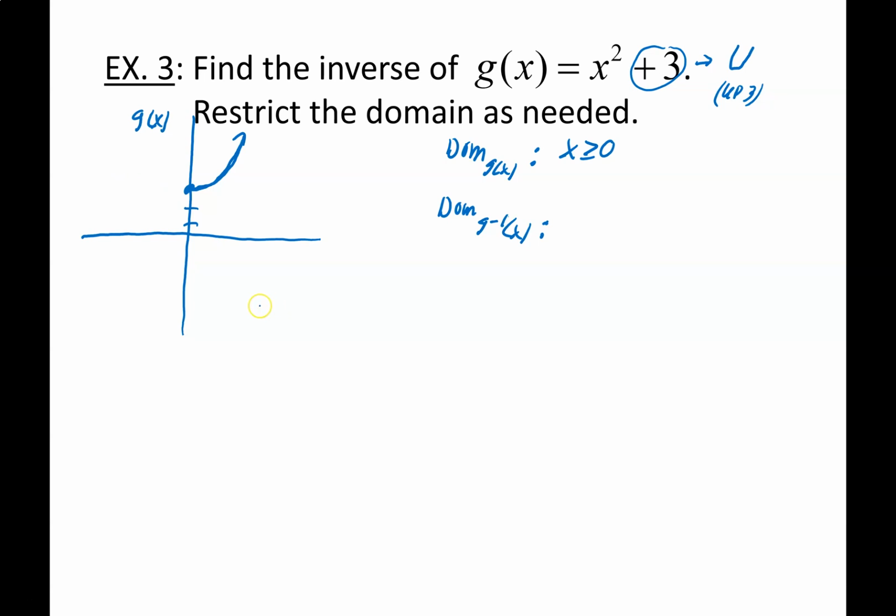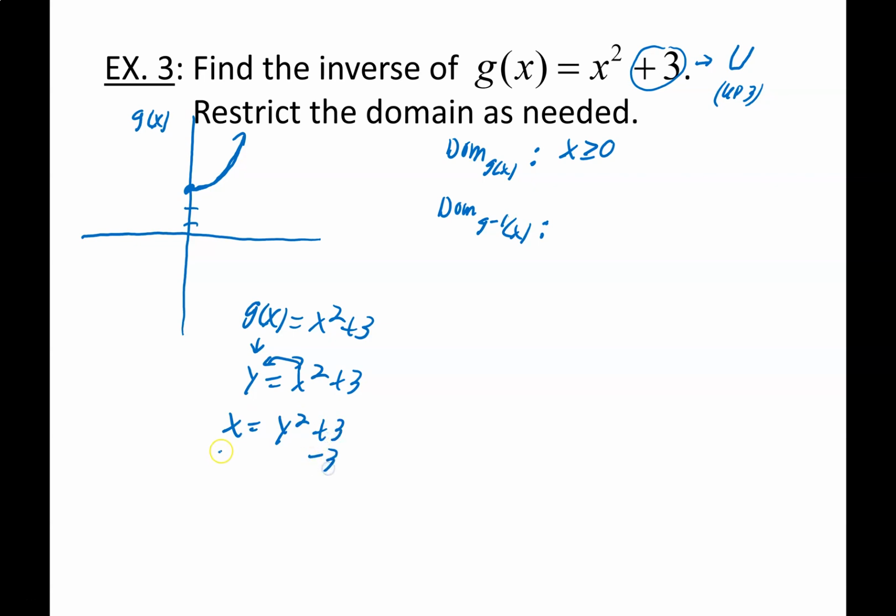Now, here's g of x. g of x is x squared plus 3. We replace the g of x with y. To find the inverse, we switch x and y. Oops, so that would be not y squared, but x equals y squared plus 3.